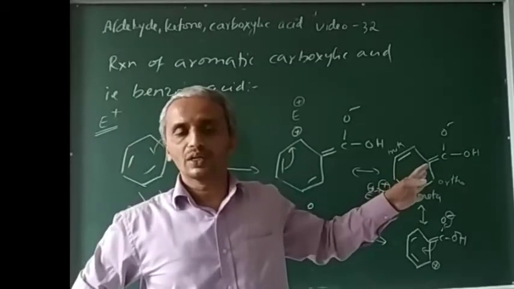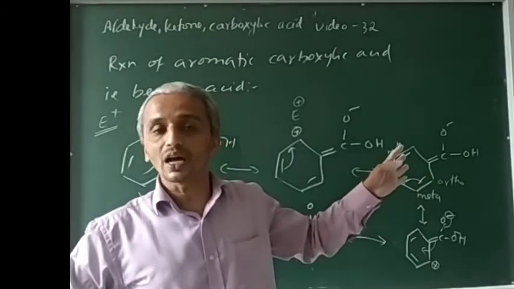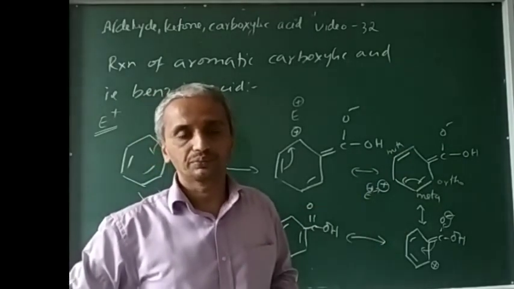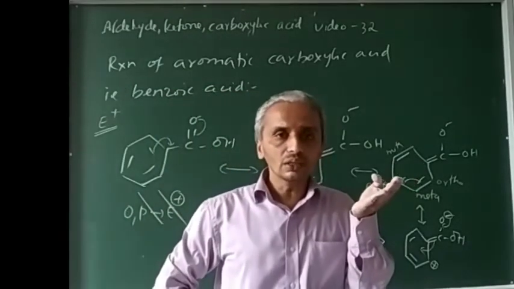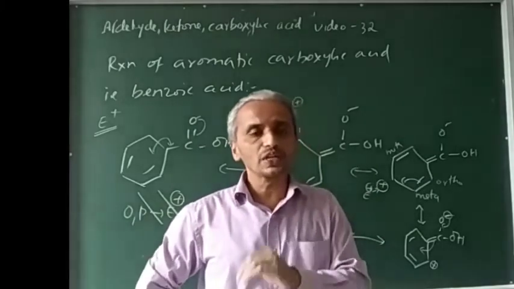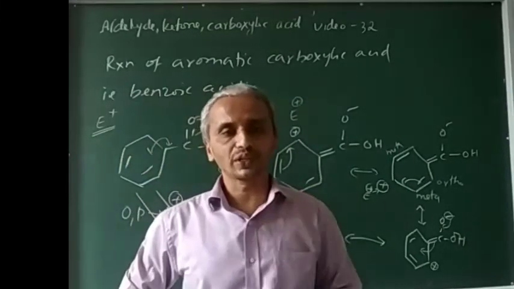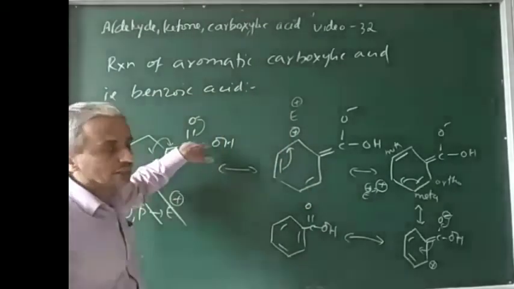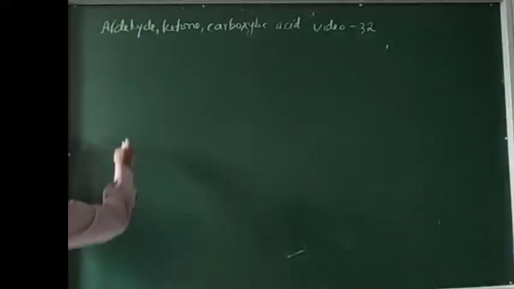COOH is a group which shows minus R effect, minus M effect. See, if the electron withdrawal takes place towards the group, it is minus R effect. Away, it is plus R effect. So your electron is withdrawn towards the group, minus R effect is there. So it is meta directing.